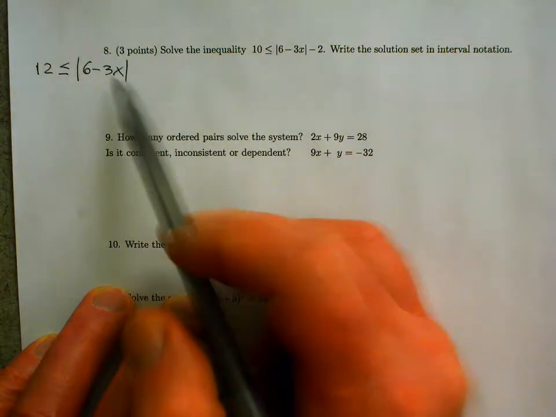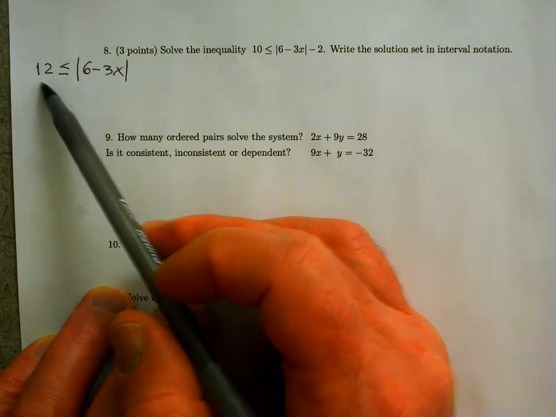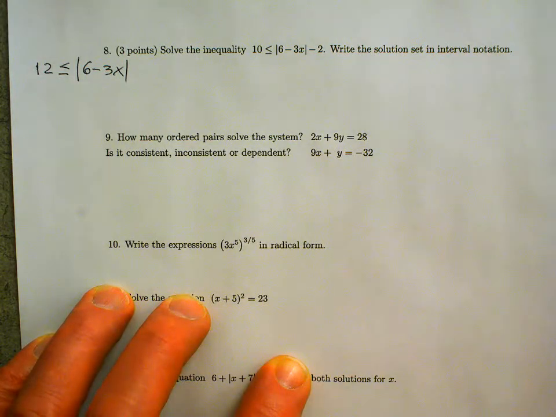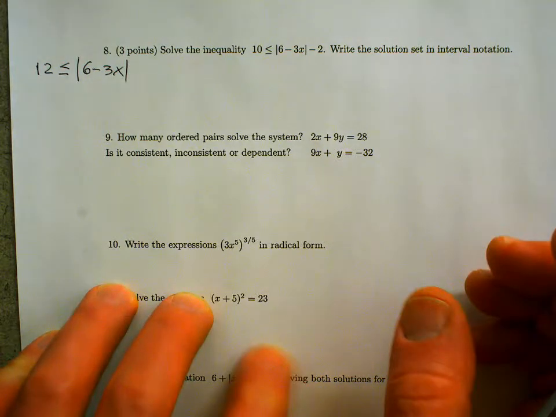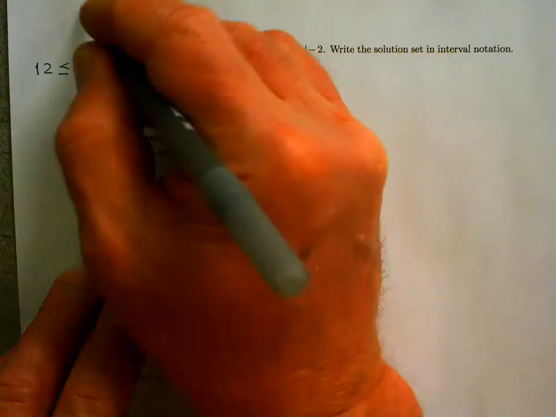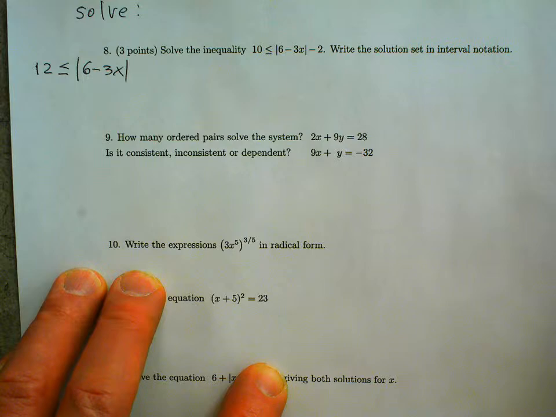So up here, I'll just remind you how to find the endpoints. So generally, when we solve inequalities, we find endpoints that subdivide the number line into separate intervals. So to find the endpoints, we solve an absolute value equation.